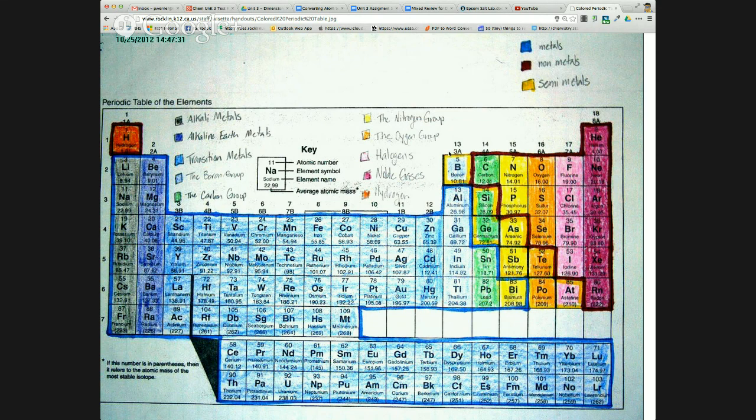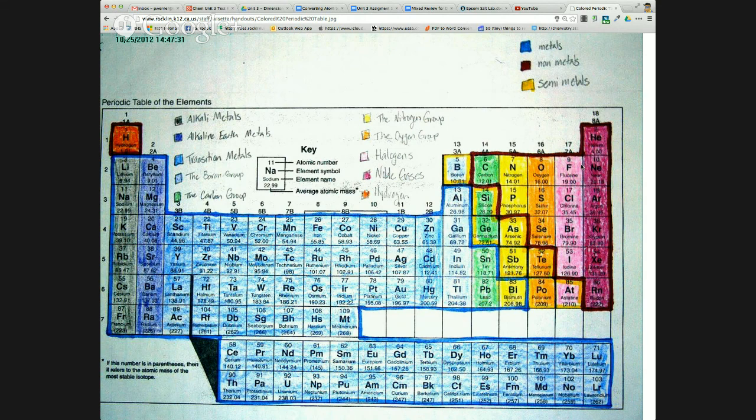Well, is that a cation or an anion? If it's positive, remember, cats have paws. So that means boron will be a cation. It will be a positive 3. It will lose 3 electrons. Okay? If I said, what about fluorine?